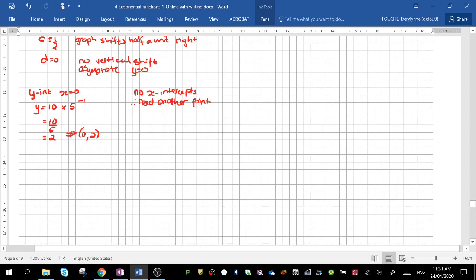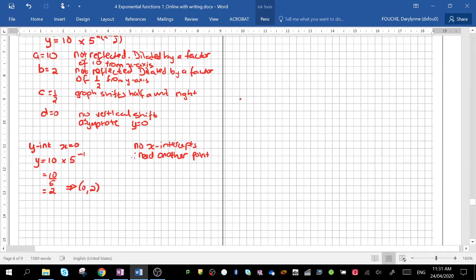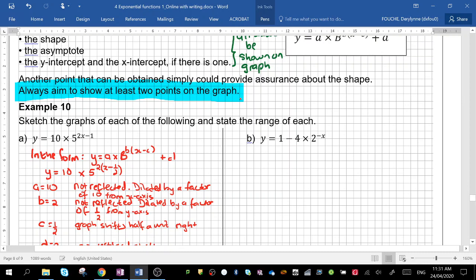And the choice of point is completely up to you. But there are certain points that will make your life a whole lot easier. And the definition of that comes down to, when you have a look at the original equation, if you can get this bracket with your x equal to 0, you will have 5 to the power of 0, or anything to the power of 0, which will always be 1.